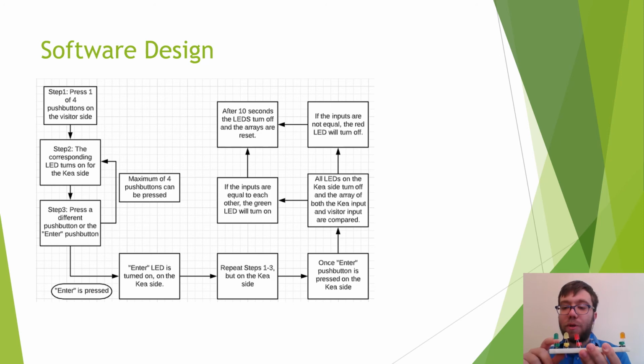So if the Kia bird presses green, yellow, red, and then their enter push button, which is right next to this orange LED, if that matches on the visitor side, the green LED will turn on. If it does not match, the red LED will turn on.